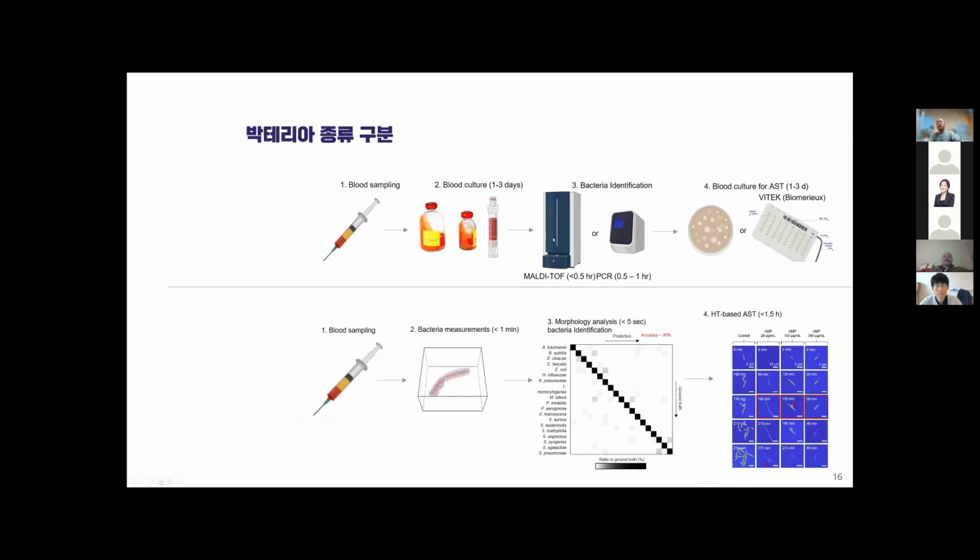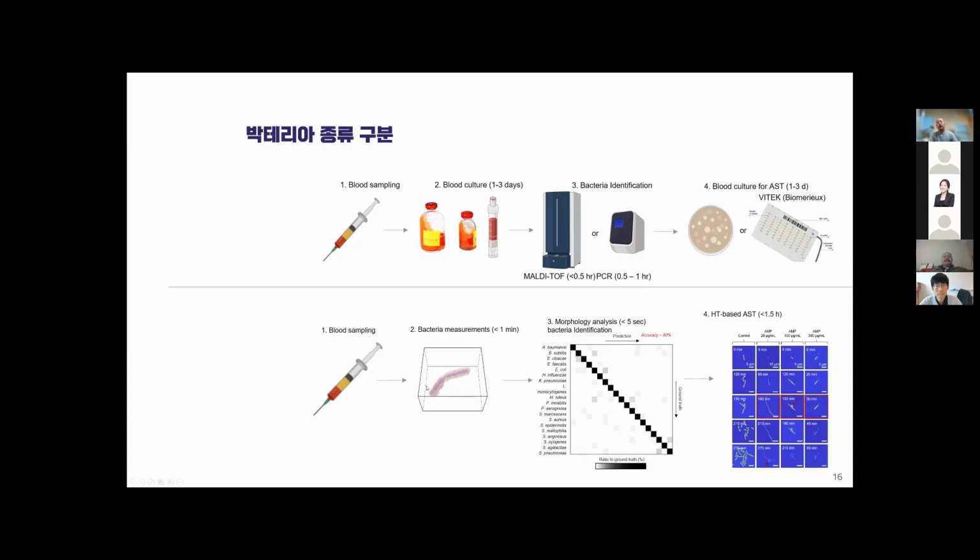Then the current practice is to use a mass spectrometer, such as the MALDI-TOF technique, to provide bacterial species information. But this is not the end of the story. Even after you identify the bacterial species, you have to culture the bacteria in the presence of various potential antibiotics, called the antibiotic susceptibility test. It also takes 1 to 3 days because it again follows culturing.